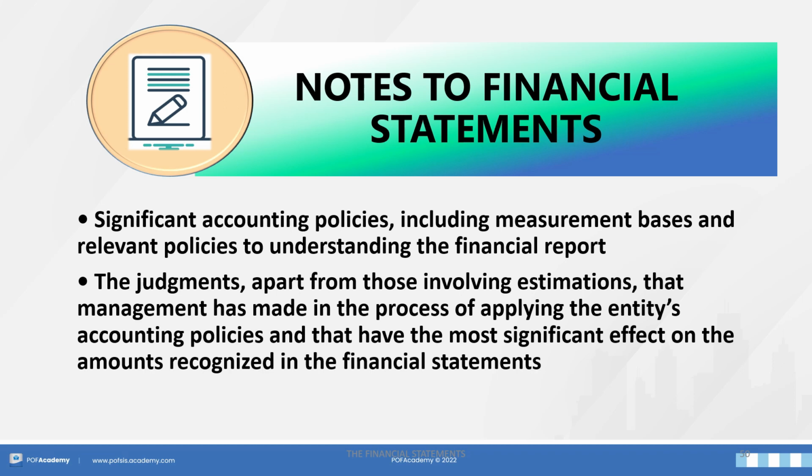Next, significant accounting policies including measurement basis and the relevant policies to understanding the financial report. Next, judgment, apart from those involving estimations, the management has made in the process of applying the entity's accounting policies and that have the most significant effect on the amount recognized in the financial statements.